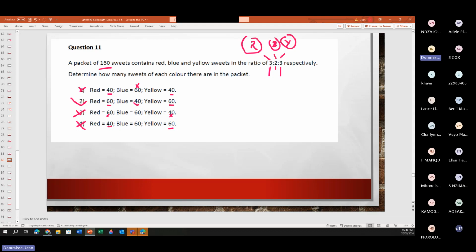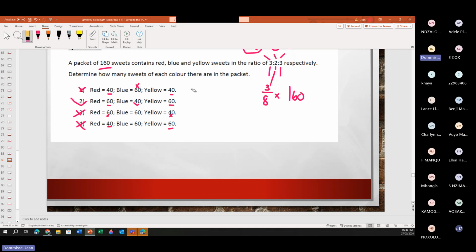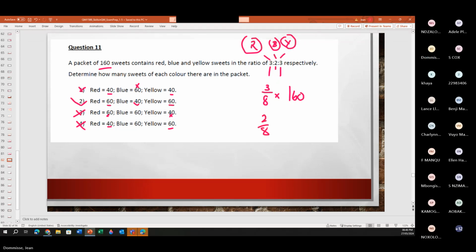So how many numbers do I have? It's 3 plus 2 is 5, plus 3 is 8. So my ratio is, for red, it's 3/8 times 160. For blue, there's 2/8 times 160.